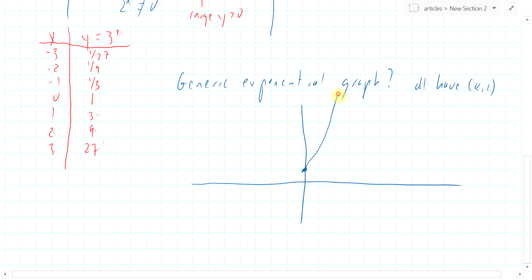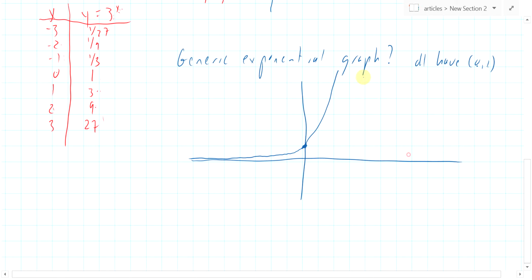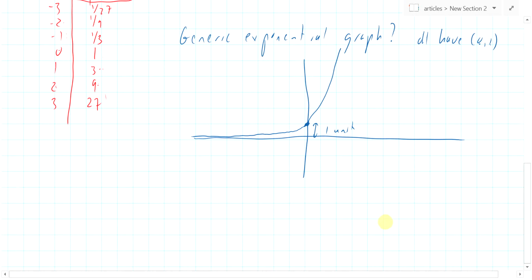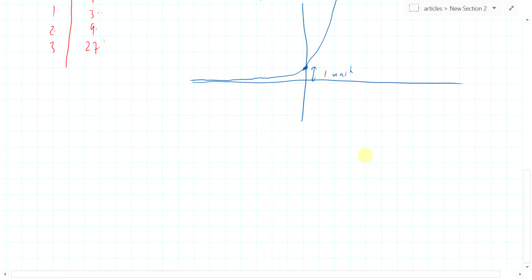And then they're very steep here, and then they die down to a horizontal asymptote at y equals 0. Note that this distance is 1 unit. Right? The unscaled exponential function has got a tail that goes out to y equals 0, and then 1 unit up is where it crosses the y-axis. Okay, so generally that's what an exponential graph looks like.